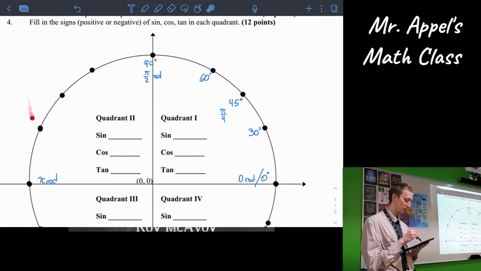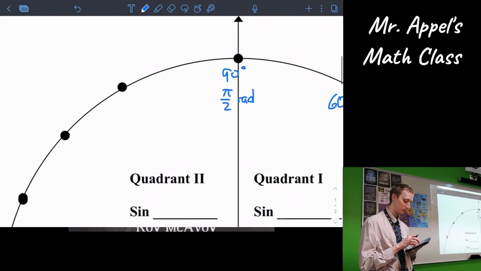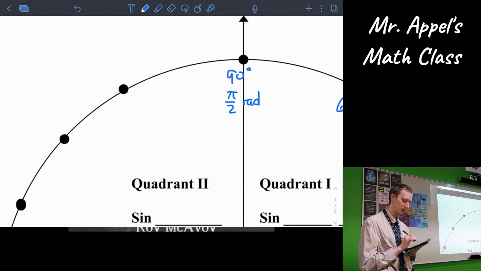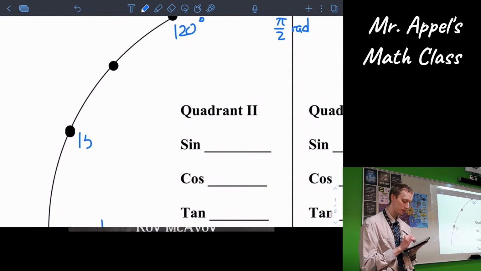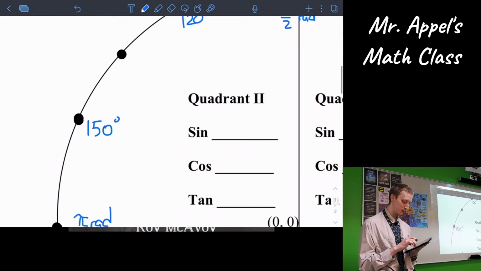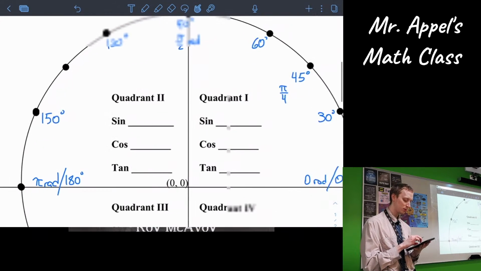So you go plus 30, plus 30, plus 30. We could work our way all the way around. Just one more quadrant. 90 plus 30 makes 120. 120 plus 30 makes 150. 150 plus 30 makes 180. Oh, yeah, that was half my circle. Check.